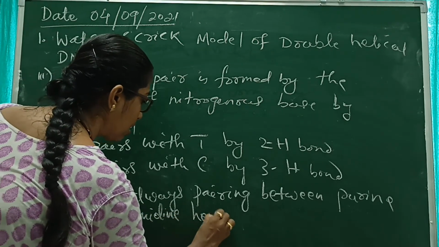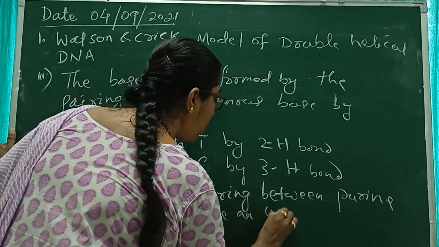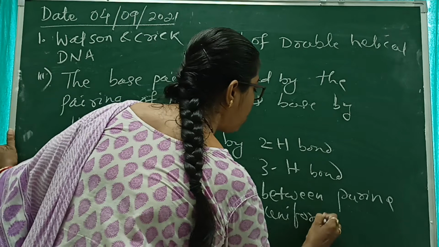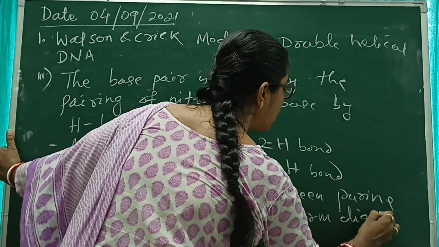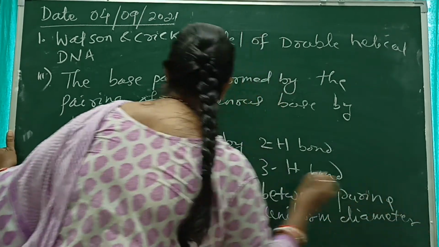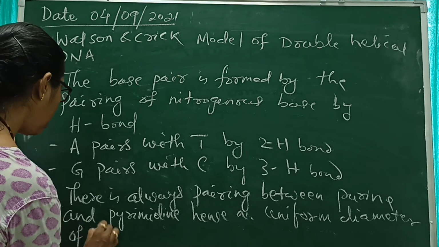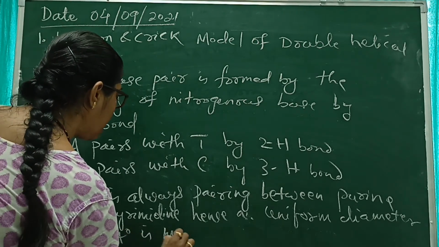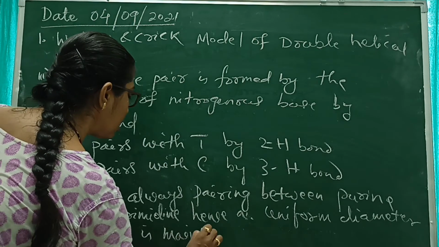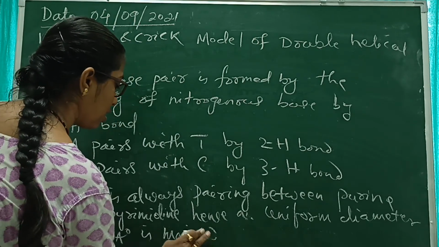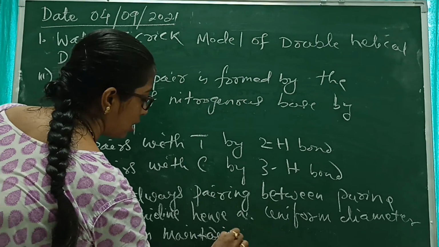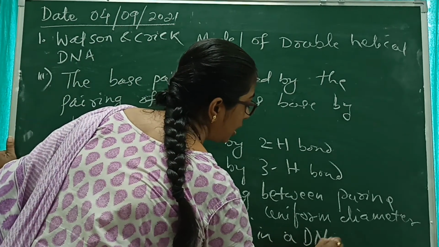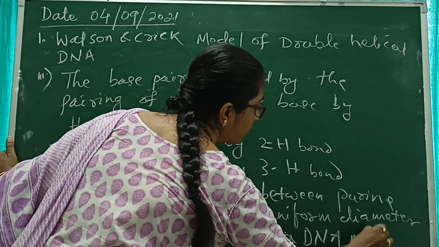Hence, a uniform diameter of 20 angstrom is maintained in a DNA molecule.